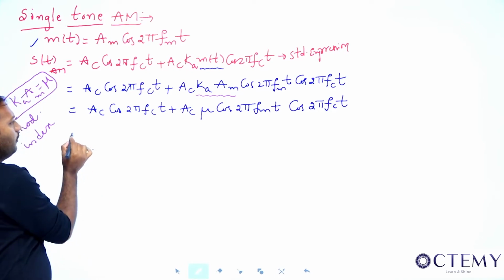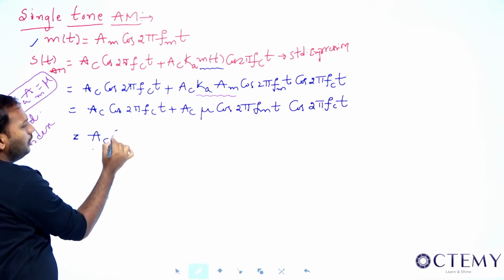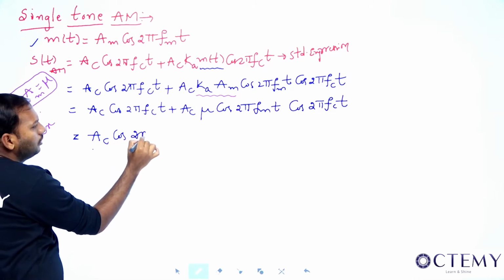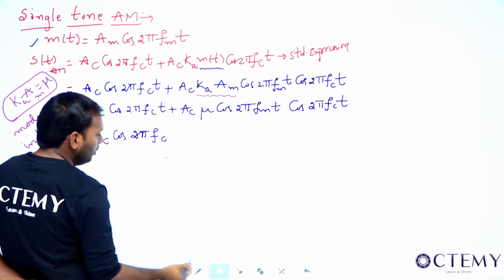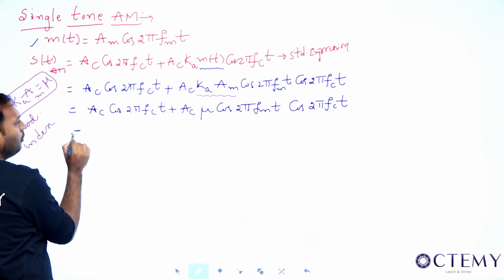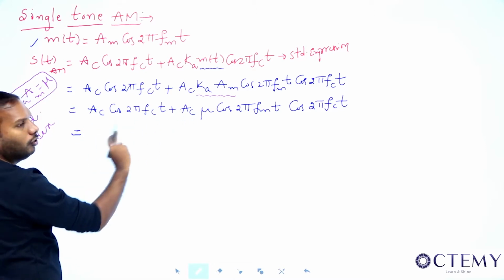Now see here very clearly. I take cos 2 pi fc t common in both cases, and Ac also common.